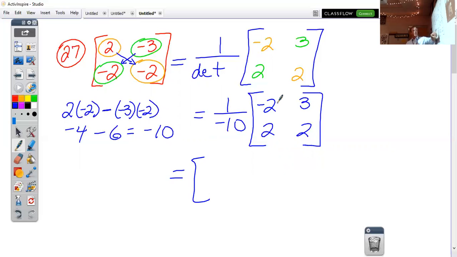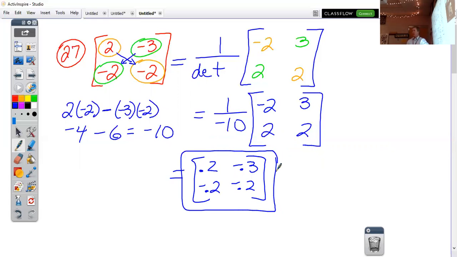So negative 1/10 times negative 2 is 2/10, which reduces to 0.2, or 1/5. They might put 1/5. 3 times negative 1/10 would be negative 0.3. Negative 1/10 times 2 again is negative 0.2, and negative 1/10 times 2 is negative 0.2. Your calculator will give you that answer, but they might have the answer written like this in a multiple choice standardized test setting. That makes sense? Okay.